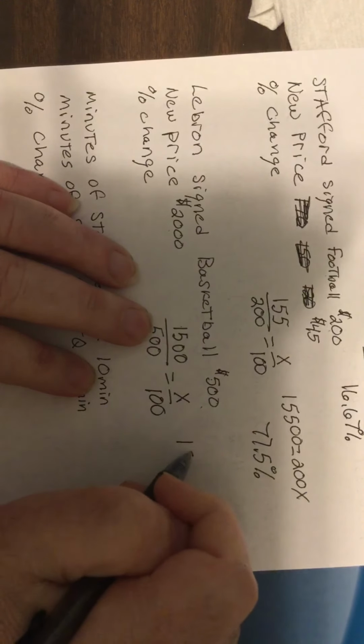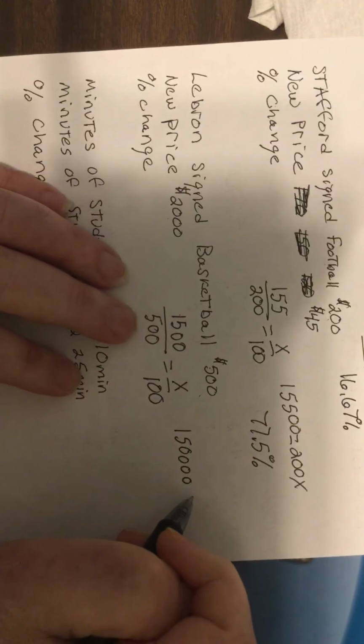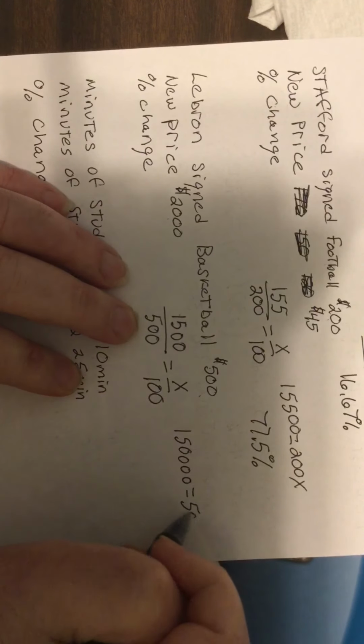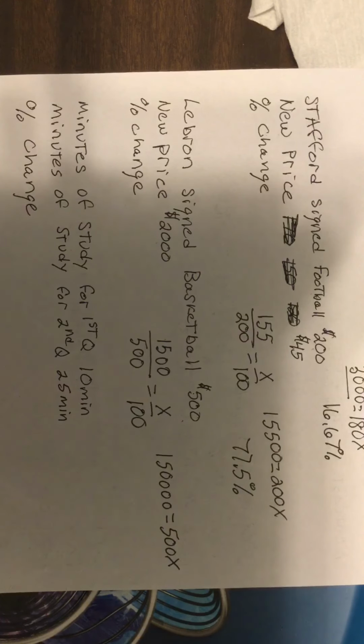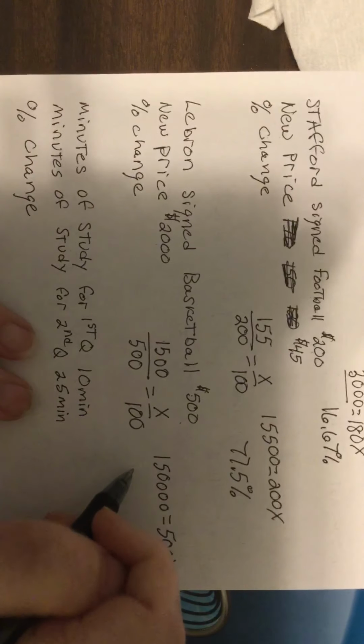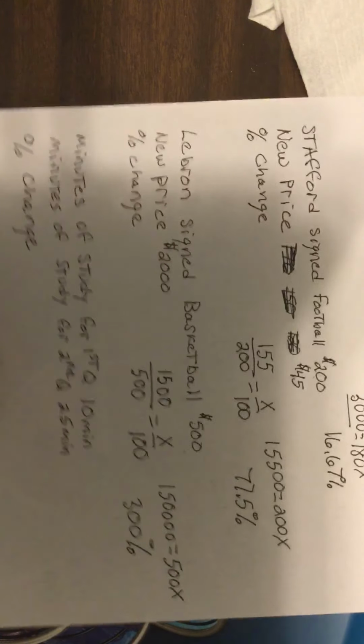So it's 15000 equals 500x. I actually know the answer already. But if you put it into a calculator, you have 15000 divided by 500, and that equals 300. So they raised it 300%, which they should.